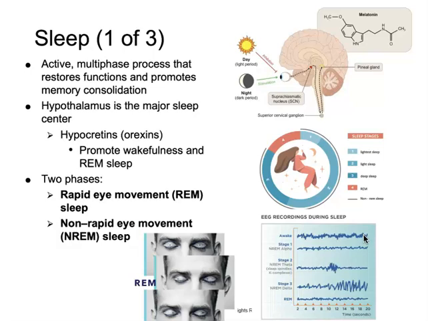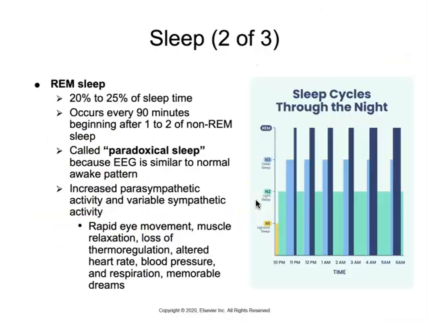And we have an area known as our pontine reticular formation that is primarily responsible for generating our REM sleep, and it projects from our thalamocortical network to produce non-REM sleep. So we are going to talk more about these two phases in the next slides.